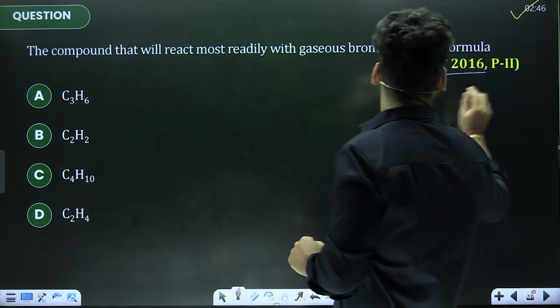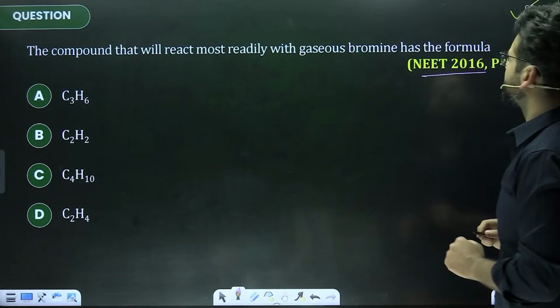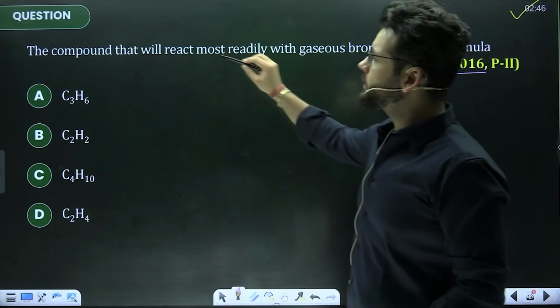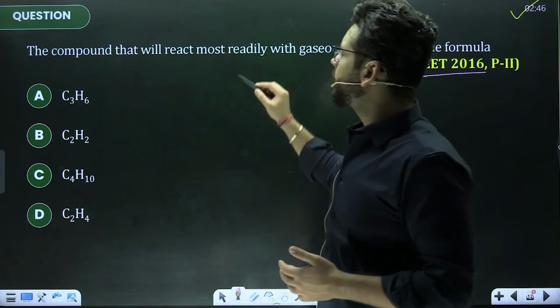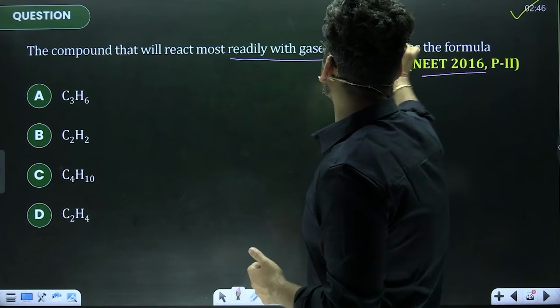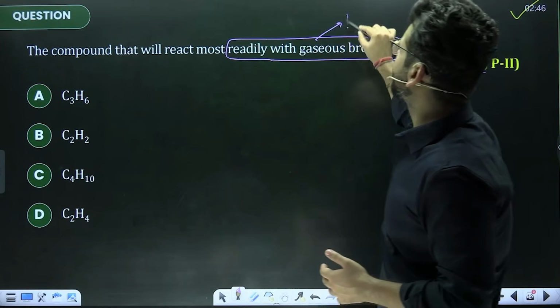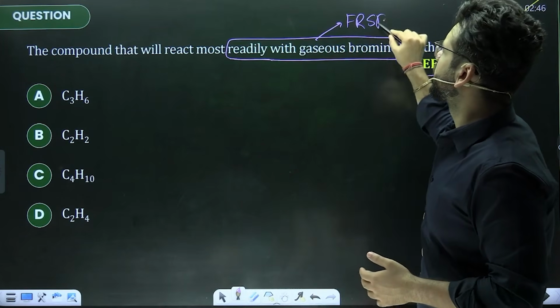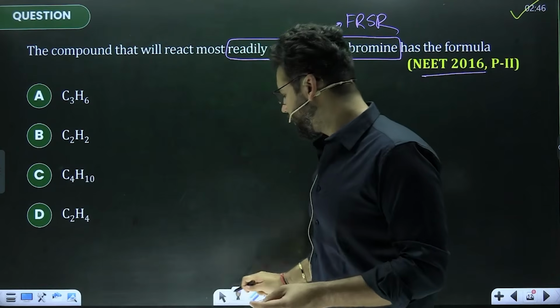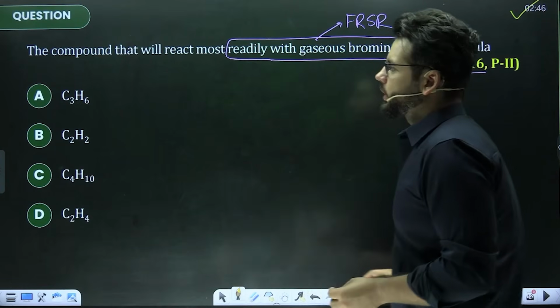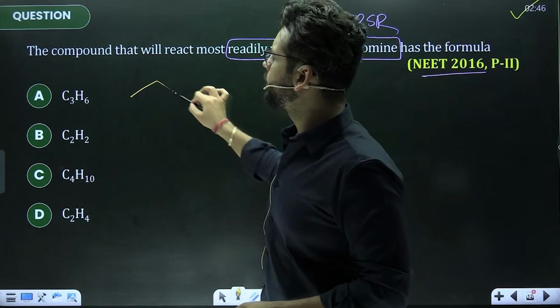Next is again a question of NEET 2016, which is, this is a good question. Many students have made mistakes here. Which compound reacts most readily with gaseous bromine? Gaseous bromine means again free radical substitution reaction. I need to check where I can see the most stable radical, and that will be most reactive. C3H6 means propene.